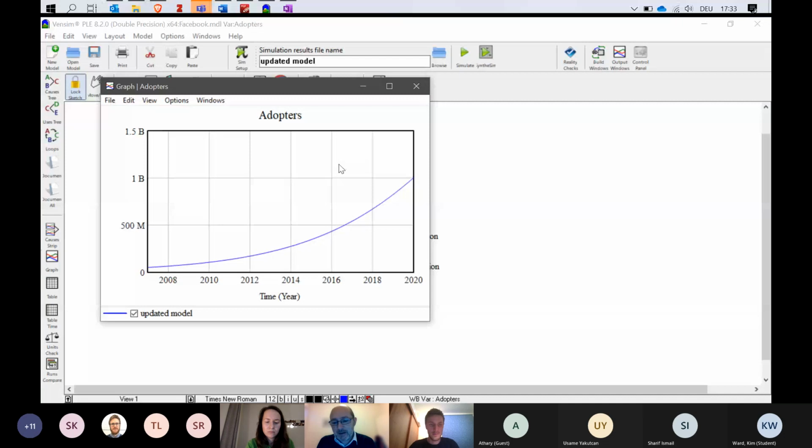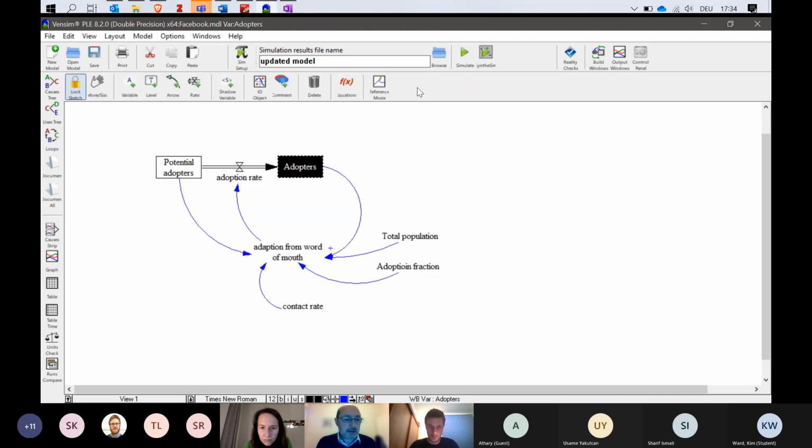We are sure, and we have a reference mode that perhaps is the current number of people using Facebook is 2 billions. So what we may be wrong at this moment is the rate and the other rate. So perhaps we can update that.